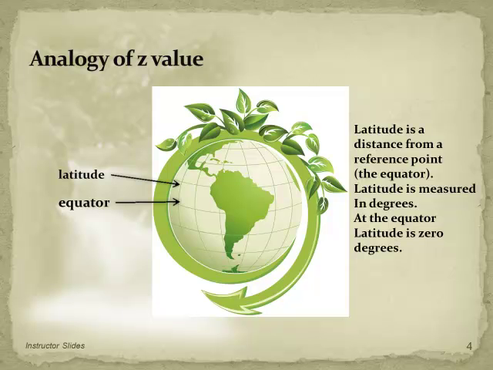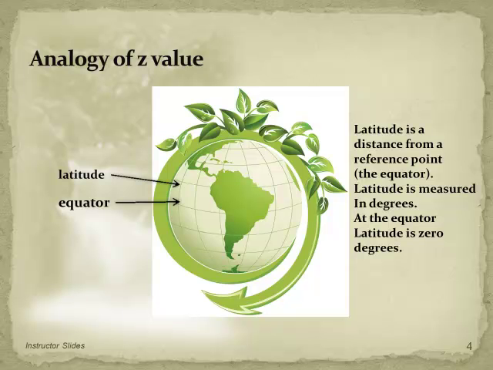So we know that in good old Mother Earth, we have an imaginary line that goes right through the center of the Earth, and we call that imaginary line the equator. So if you were on the equator and you look down at the ground, you're not going to see a line that says equator on it. It's an imaginary line that goes through the center of the Earth.